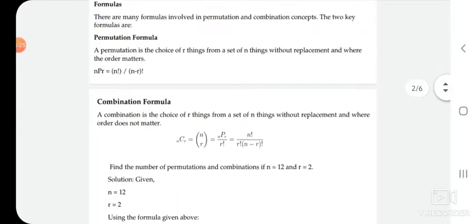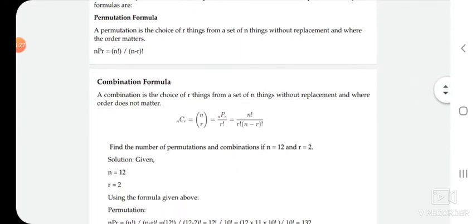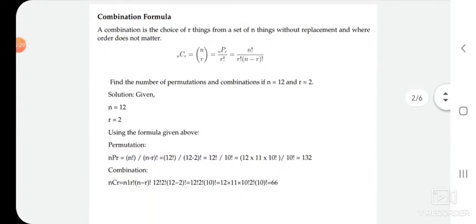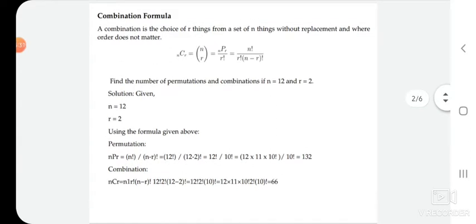And combination is the choice of r things from a set of n things without replacement and where order does not matter. nCr is equal to nPr by r factorial, or n factorial divided by n minus r factorial into r factorial. It means in case of combination, repeating arrangement is not allowed. That's why combination differs from permutation.